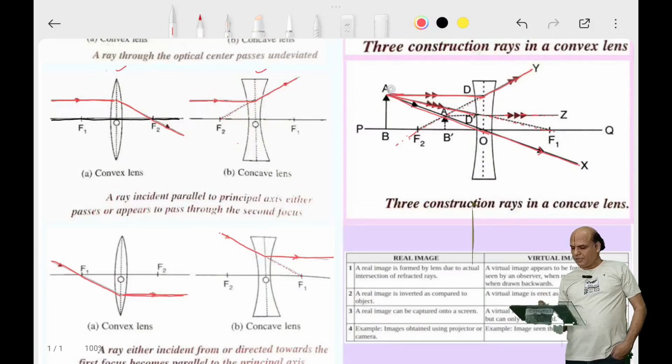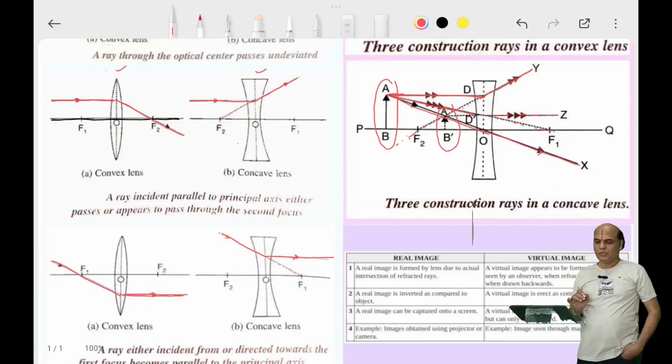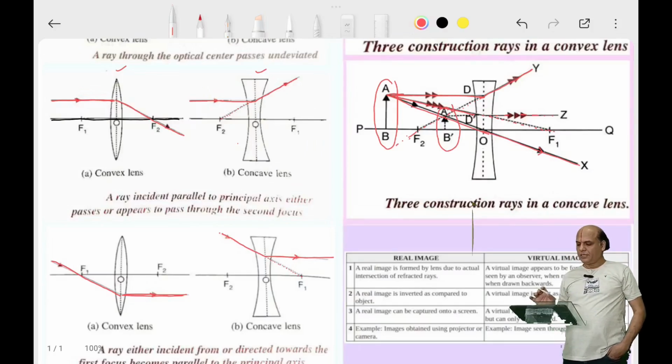So if you observe here, AB is the object and A dash B dash is a virtual image. There is no actual intersection of refracted rays in this case. For an observer observing from this side, these divergent rays appear to be emanating from a point, but in fact they never actually meet.